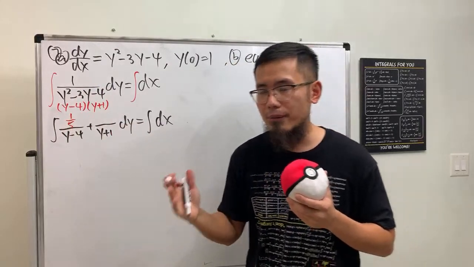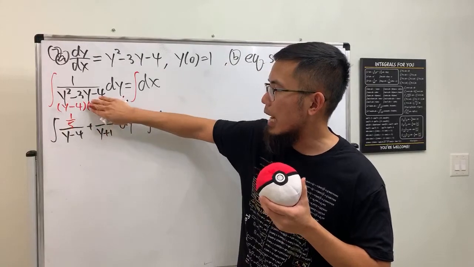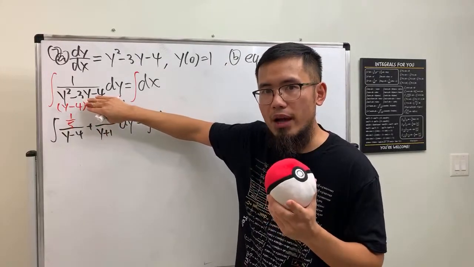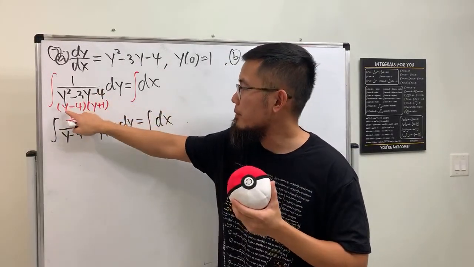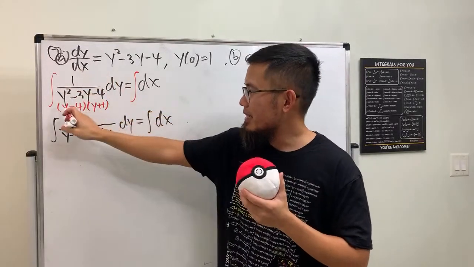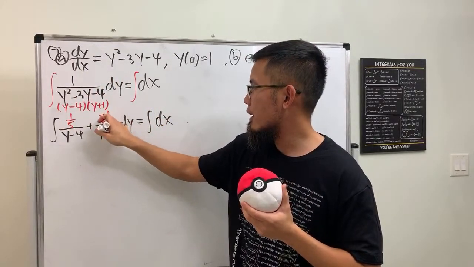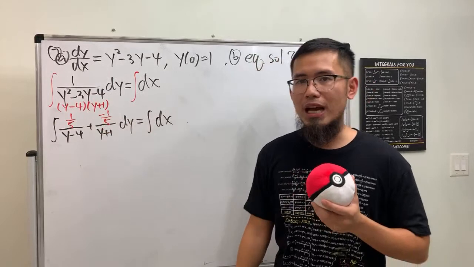Cool. Now, here we have y plus 1, right? Cover this up. y has to be -1. And we put -1 in here. 1 over -1 minus 4 is -1 over 5. Right? So that's what we have.